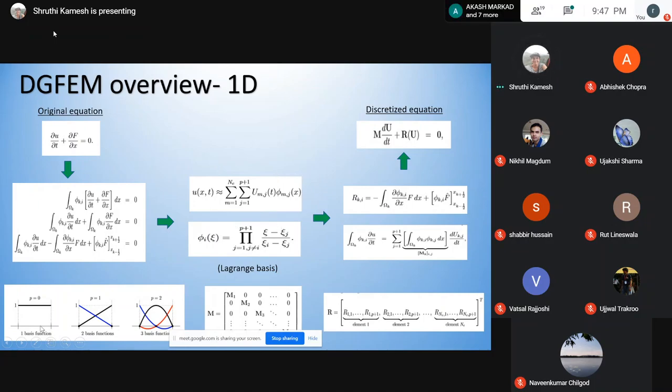For example, over here, I want to find my values for these two nodes, and I want it to be first order accurate, right? So I would have p plus one, which is two values for each element. So the value at each element is made of the unknown values of these two nodes.